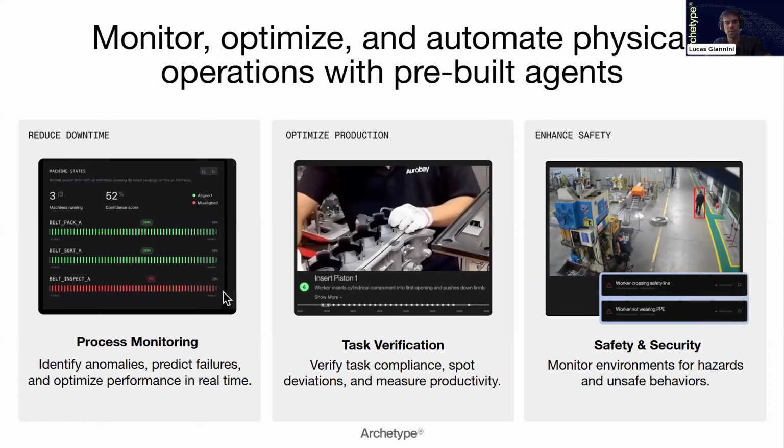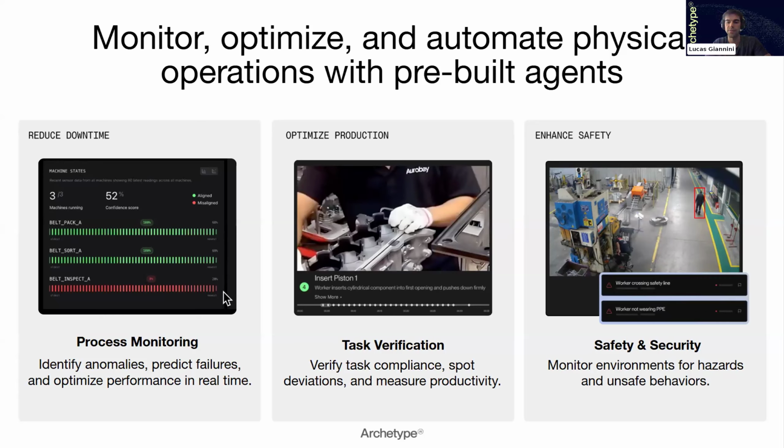The first pre-built agent that we have is process monitoring. And here, the main goal is to identify anomalies, predict failures, and optimize performance in real time when you're working with heavy and industrial machinery. We also have the task verification agent, which basically verifies task compliance. It tries to spot deviation and measure productivity in assembly lines and events.